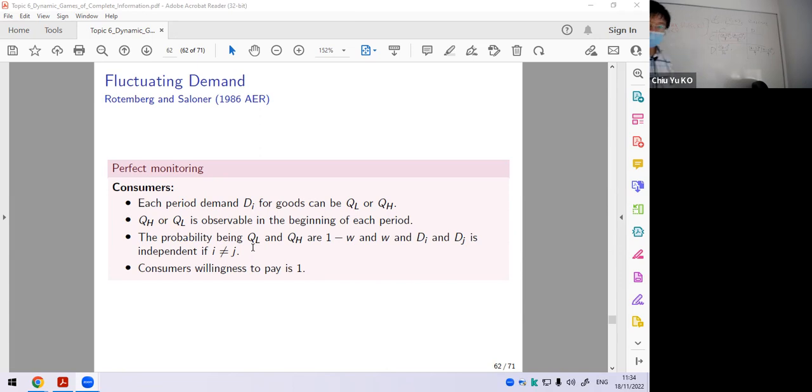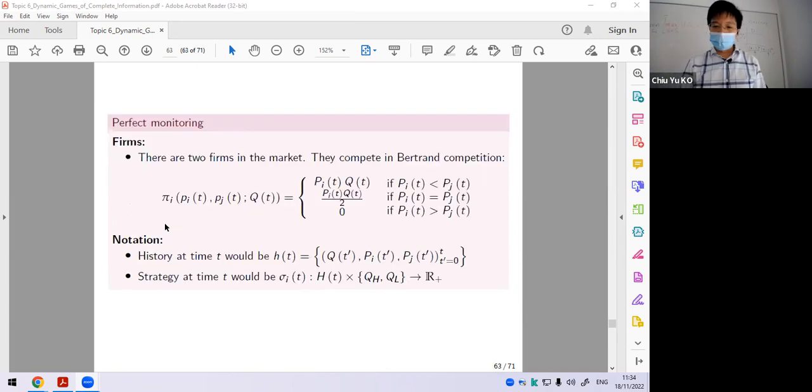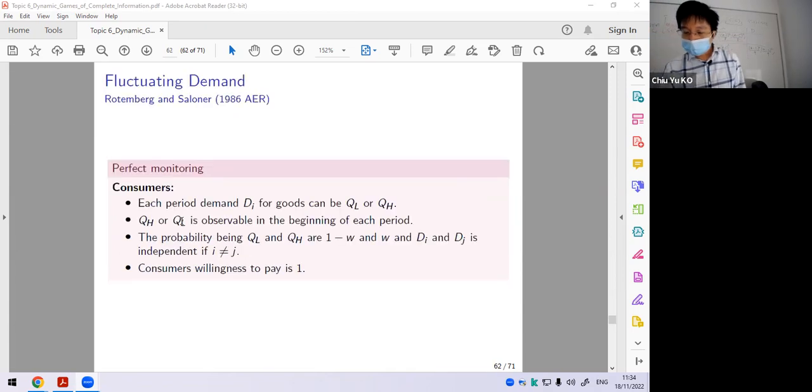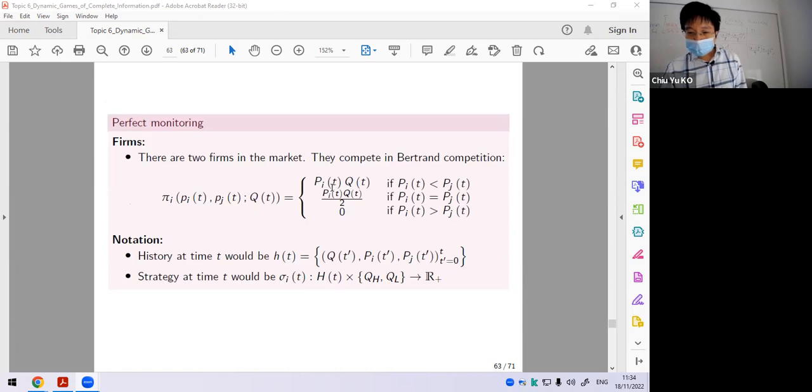So what is this model delivering? They compete in a Bertrand world. If you set the lower price, then you get the demand. Sorry, the Q is the aggregate quantity. There are two firms in the market.